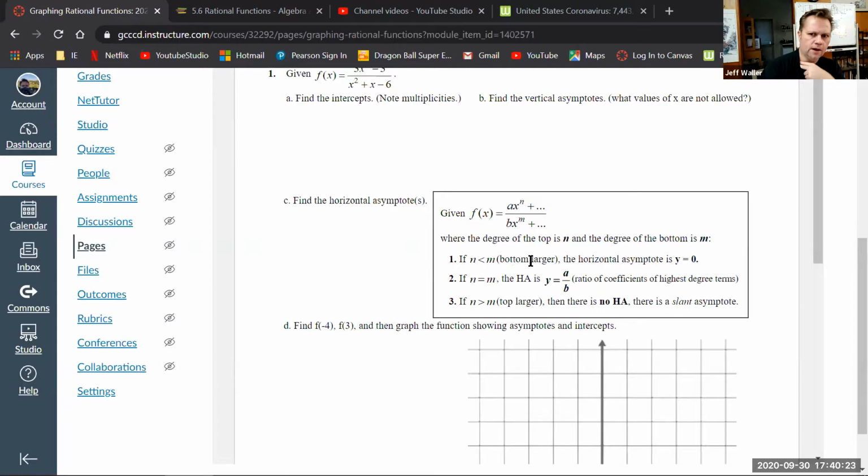If the bottom is larger, it's 0. If the degrees are equal, it's the ratio of the coefficients. And if the top is larger, there's a slant asymptote. Those are the only three things that can happen. It's one thing to memorize those. It's better to understand why they make sense, because then you don't have to memorize it as much as just do what makes sense.